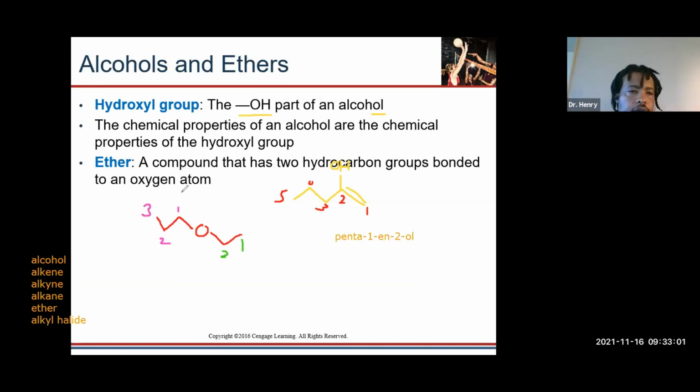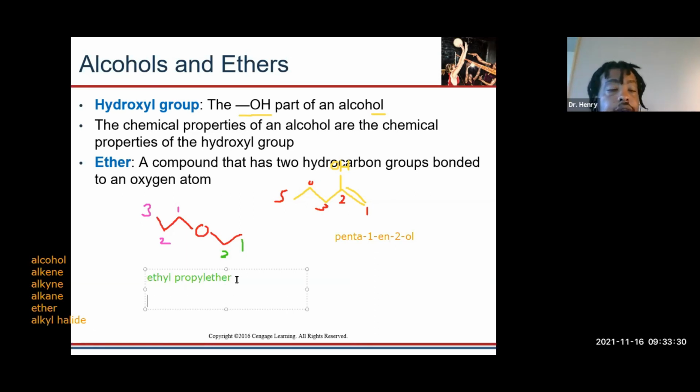So we have a 3-carbon chain over here, and a 2-carbon chain over here. So in its common name, this guy would be called ethyl propyl ether.